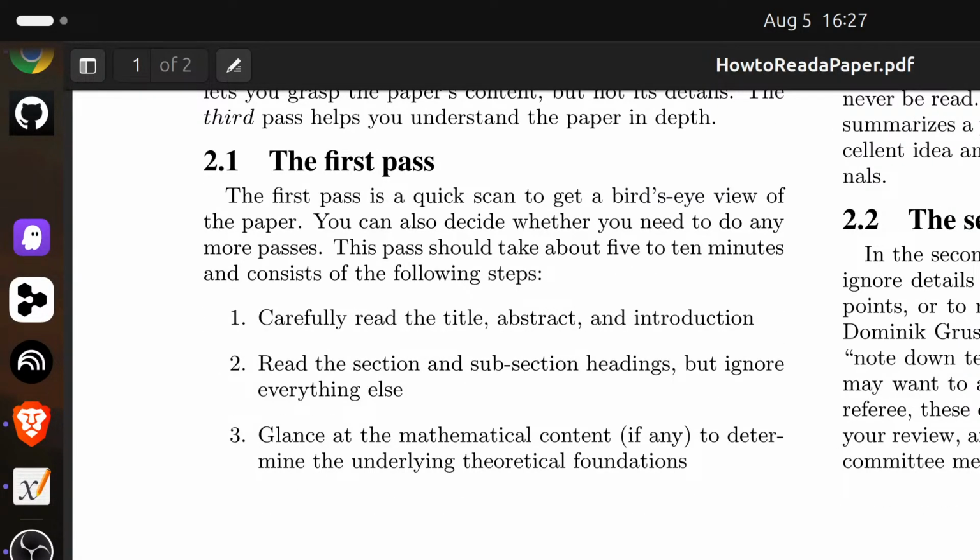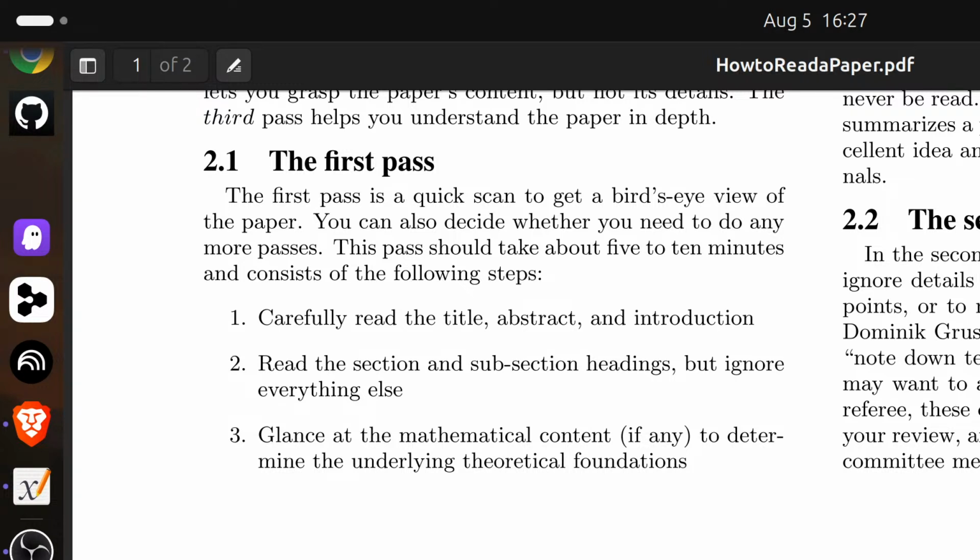In the second pass, read the paper with greater care, but ignore details such as proofs. It helps to jot down the key points or to make comments in the margin. As you read, Dominic Grossman from University of Oxford suggests that you note down terms you didn't understand and questions you may want to ask the author.